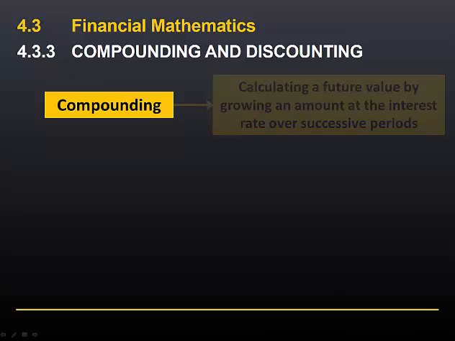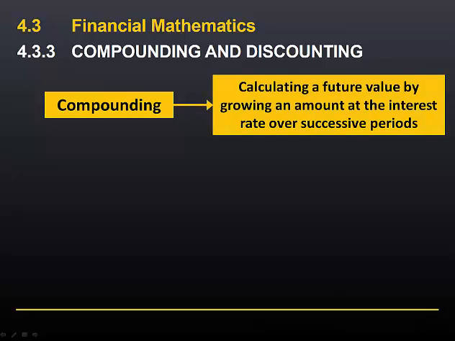Compounding means growing an amount of money at the relevant interest rate over successive periods. In the previous module, we saw how to grow an amount at the interest rate for 1 year. Compounding just means doing the same thing over and over again for any number of periods.